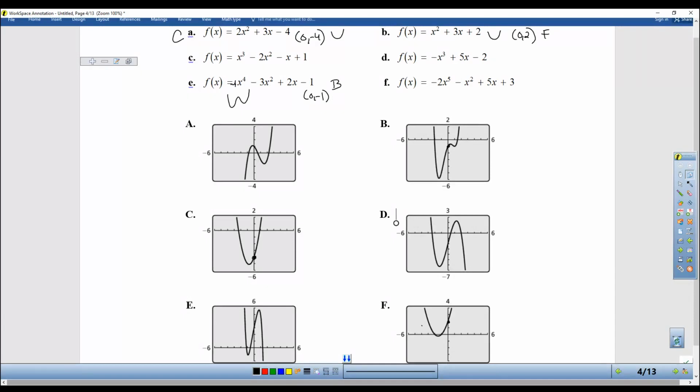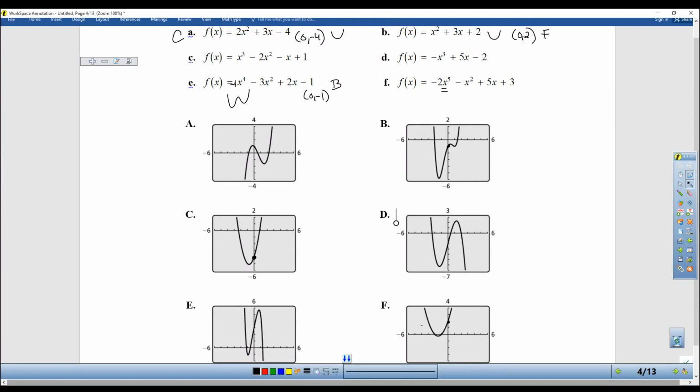Sometimes a fifth power function can look cubic because it maybe doesn't have that last little bump. For whatever reason, it just doesn't have enough going on that it actually made another bump, so it looks cubic, or maybe it has just a slight bump that you don't see. But all odd powers start at the bottom and end at the top, unless the leading coefficient is negative, and then they start up and end down, which is going to be our next clue.